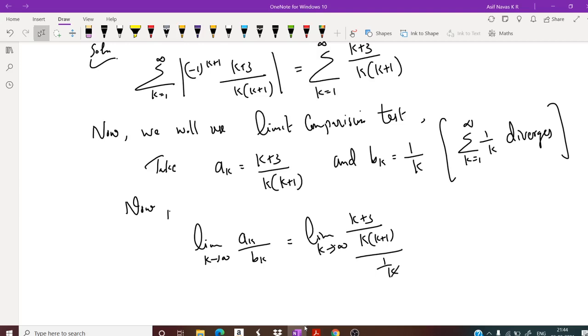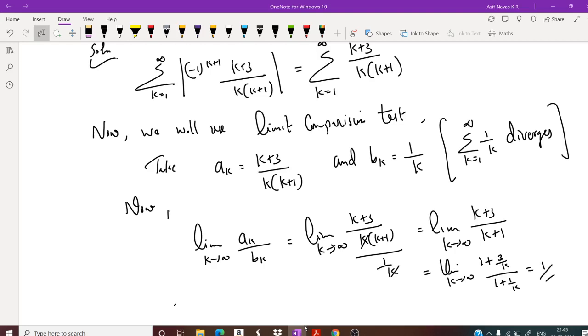So this k and this k get cancelled. So this is equal to limit k tends to infinity k plus 3 divided by k plus 1, which is equal to limit k tends to infinity 1 plus 3 by k divided by 1 plus 1 by k, taking k outside. So this is equal to 1. Therefore, limit k tends to infinity ak divided by bk is equal to 1.